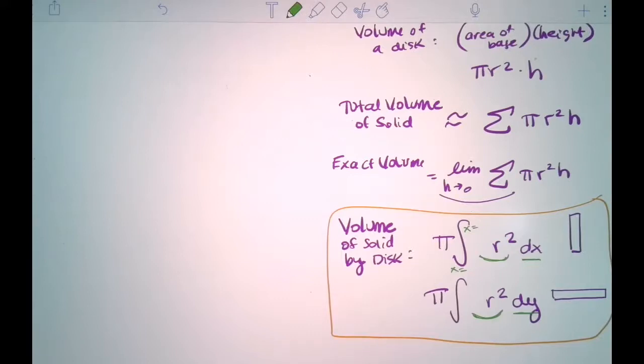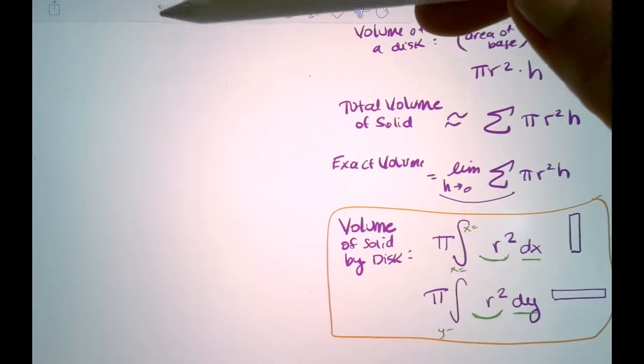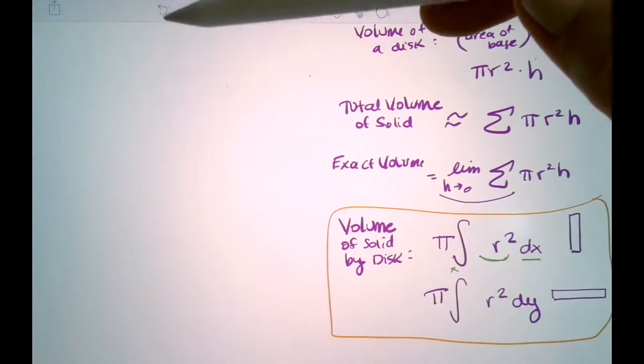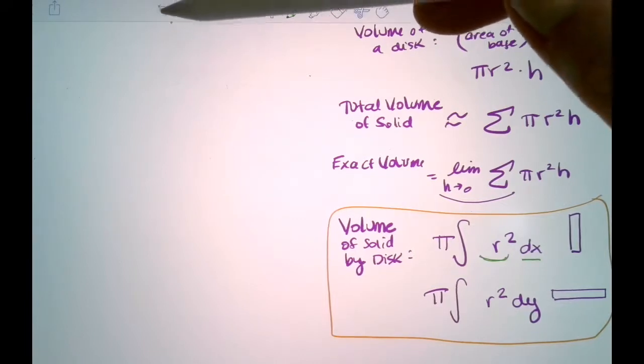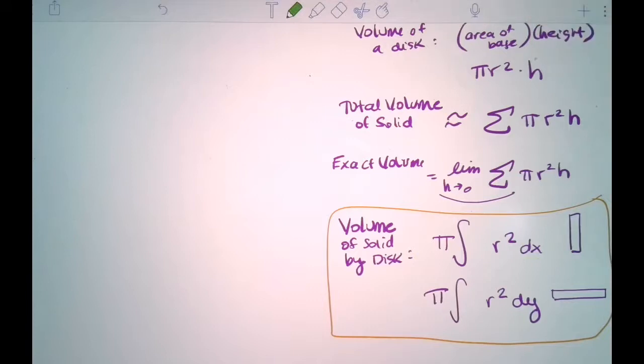You're going to see a lot of y variables inside there, and you get your limits of integration from the y-axis. That's really important to make sure you're looking at. So that's the development of what the disk method is. This is what I actually want you to know and study. So let me get rid of all that green so you have something good to look at of what you should be remembering.